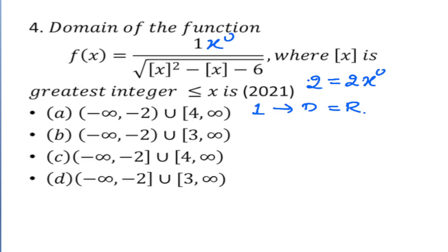So here we'll find the domain of the denominator and no need to find the intersection. Already, as we have discussed, if addition, subtraction, multiplication, division is there of two functions, then the domain is the intersection of the domains of both the functions.